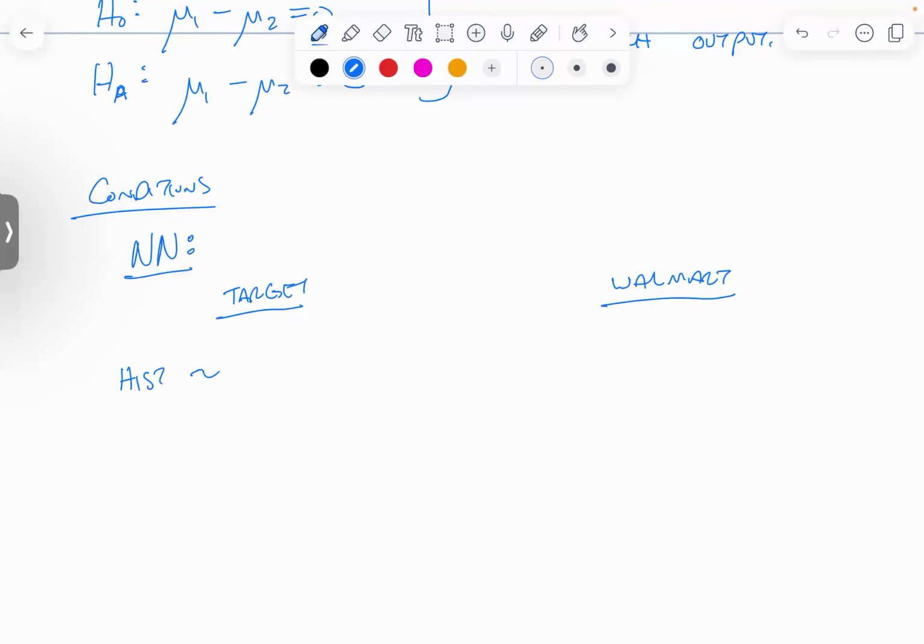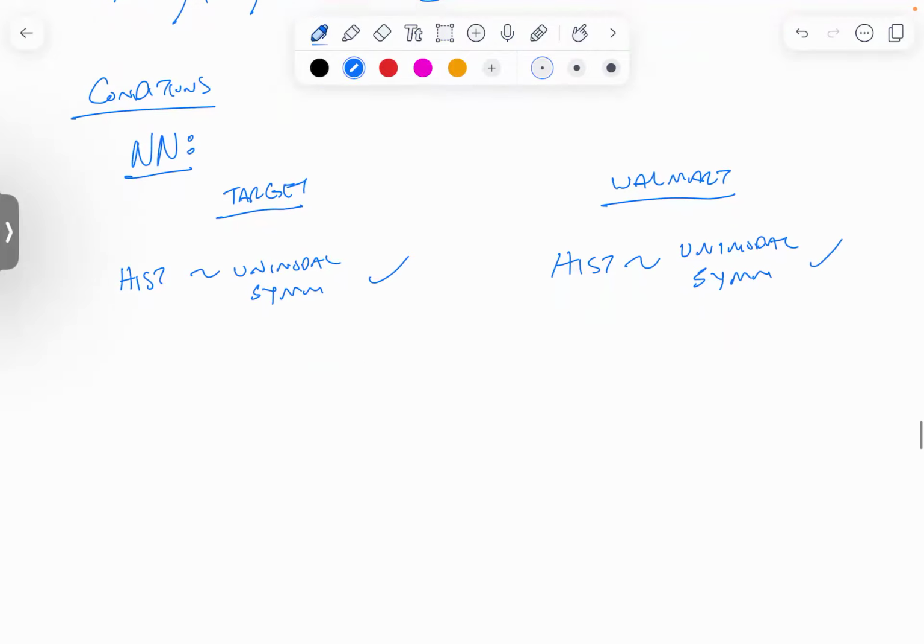So the histogram, unimodal, symmetric. Fantastic. And again, that's as far as I need to go.